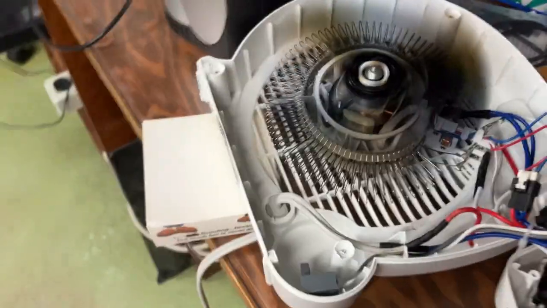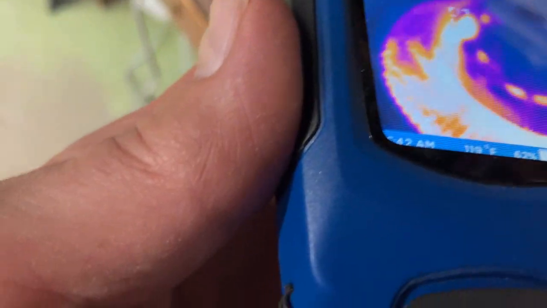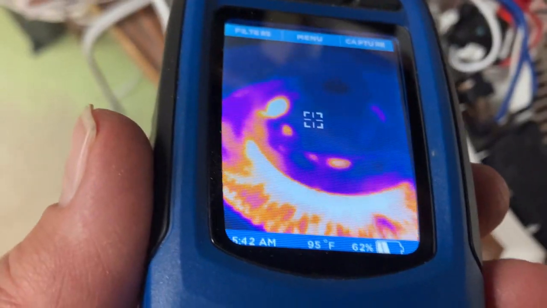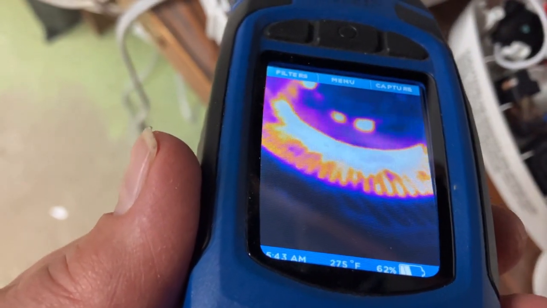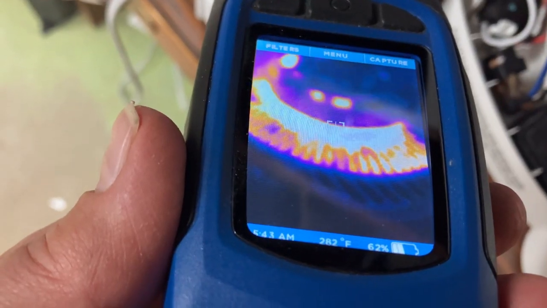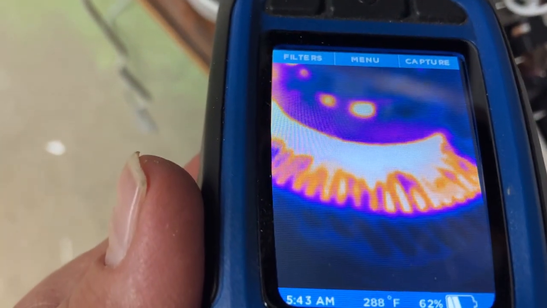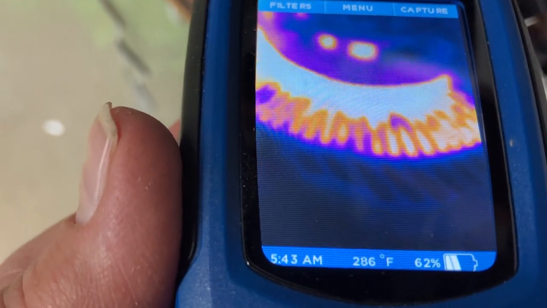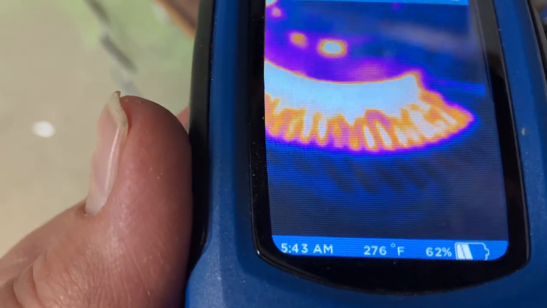All right, so we turn this on and we got the heat coils on, so let's have a look. So we're looking at 312.